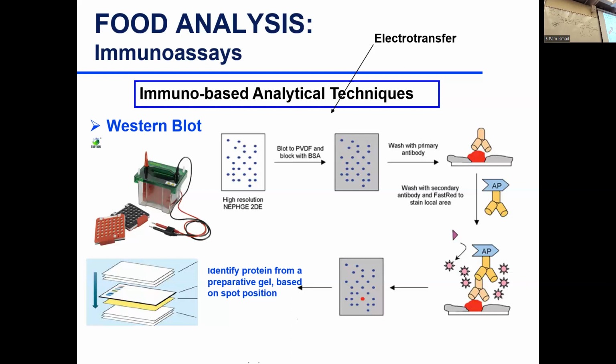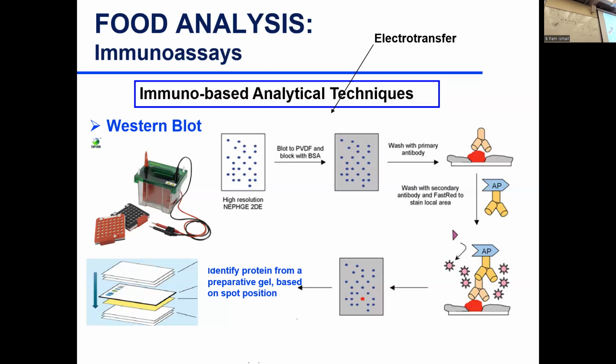So you have to transfer the protein spots onto a PVDF membrane. It is a specific membrane that has a hydrophobic surface, a very sturdy membrane that the protein will transfer onto. And how do we do that? We have a special unit to do it.